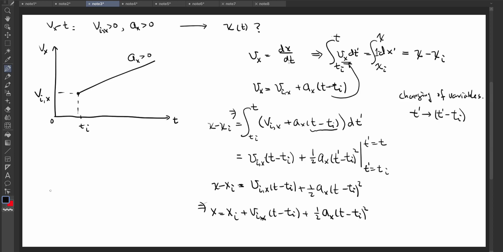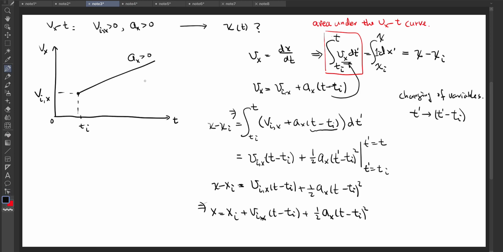Okay, so we know if I do the integral here for Vx(t), this integral, that's the area under the Vt curve. Now let's see what that area is.